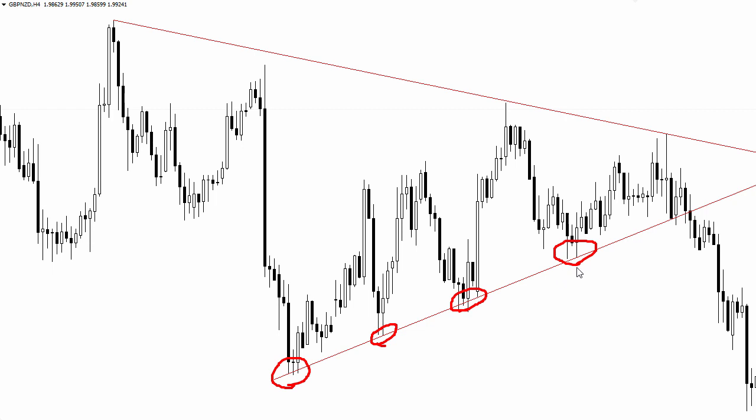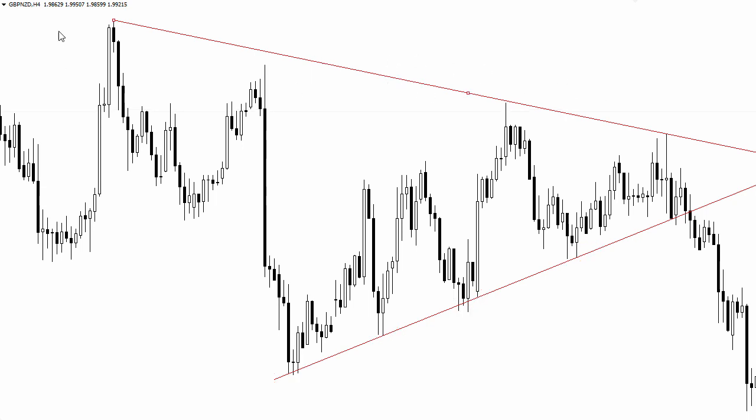With 4 touches like that, I'm extremely satisfied with this level, and I'm also confident that when the market does break the level, there's a really good chance that it will respect that level as new resistance.